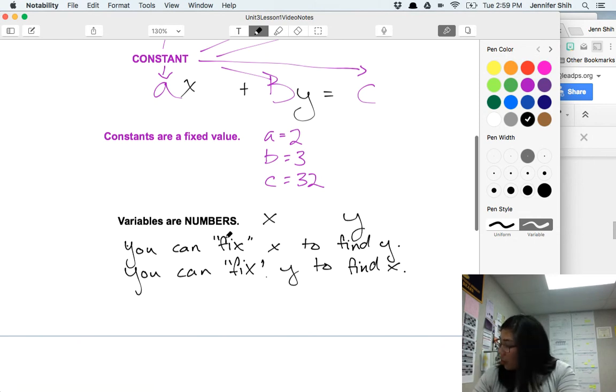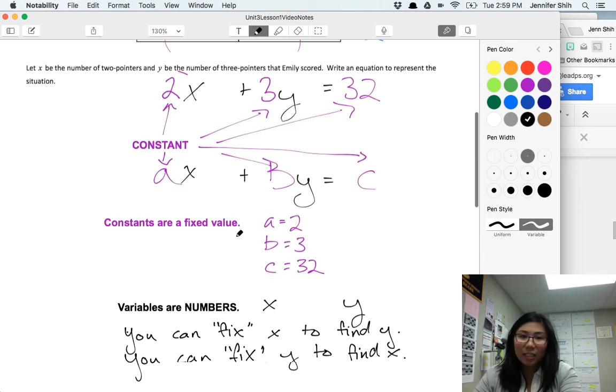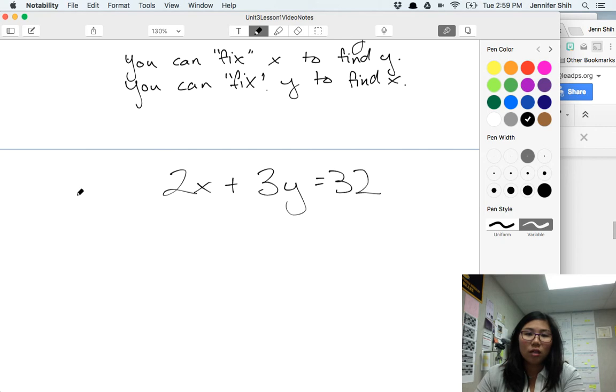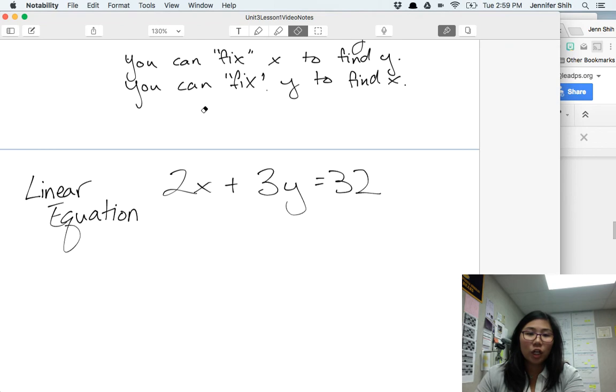The other thing I want to talk about is that this equation, 2x plus 3y equals 32, is also called a linear equation. This is what our entire course is about, linear equations.